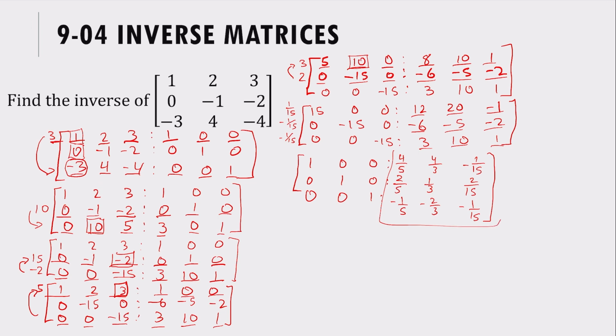So this is the answer. That's the inverse. 4/5, 4/3, negative 1/15. 2/5, 1/3, 2/15, negative 1/5, negative 2/3, negative 1/15.